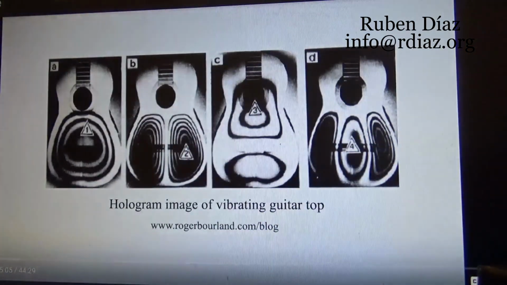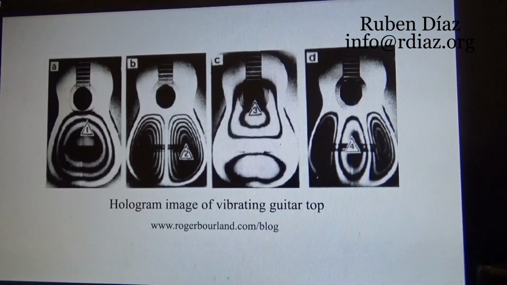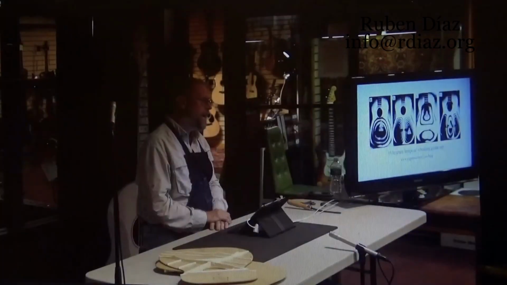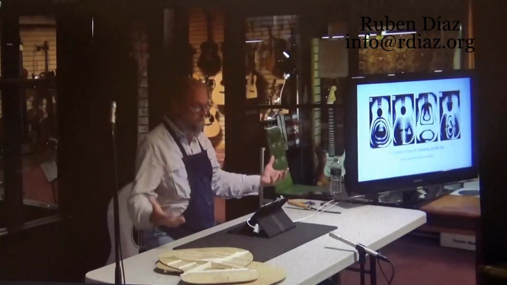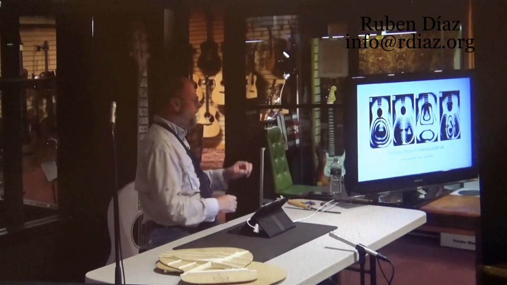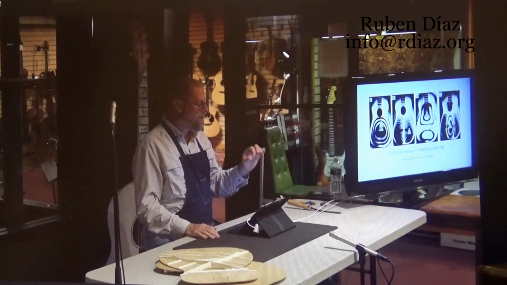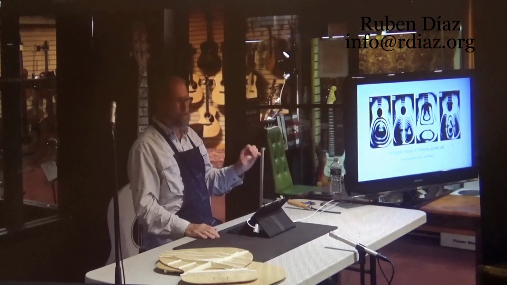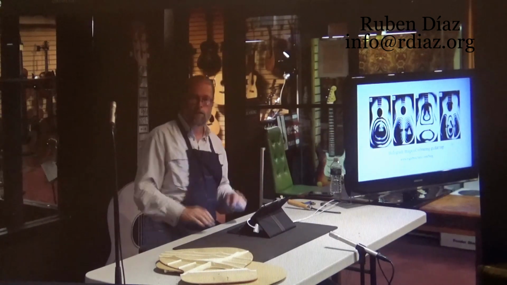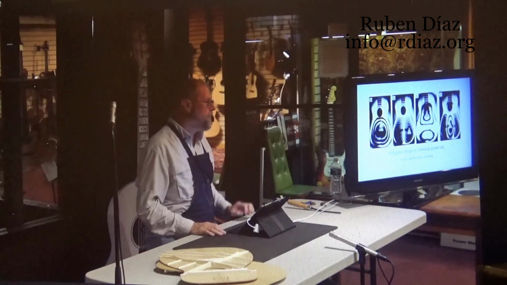This is a hologram image that's showing the vibrational modes. These can be shown various different ways. The hologram is actually heat sensitive, and motion gives off heat, friction. So the hologram is calibrated to a very small percentage of a degree, very, very finely calibrated.